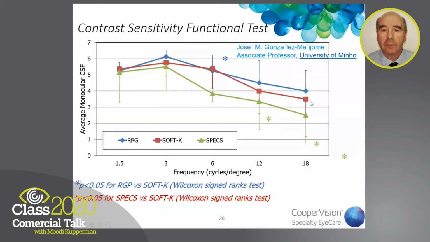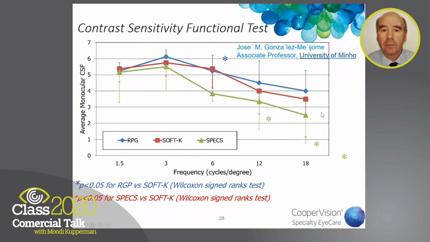Another research was done by Jose Gonzalez from Minho University in Portugal. Beside all the other information he got that is quite similar to the previous researchers, he also looked at what happened in contrast sensitivity. He tried to compare it to glasses, to GP lenses, and of course the soft K in red.